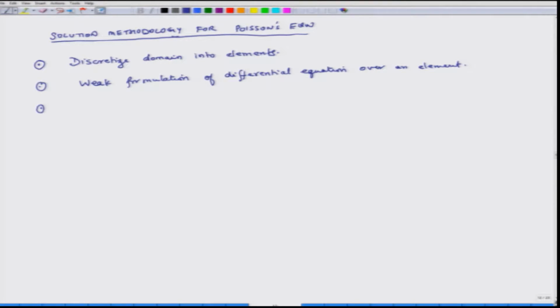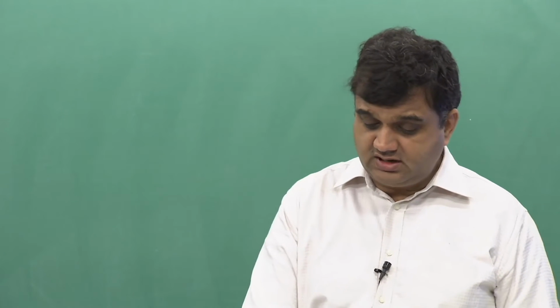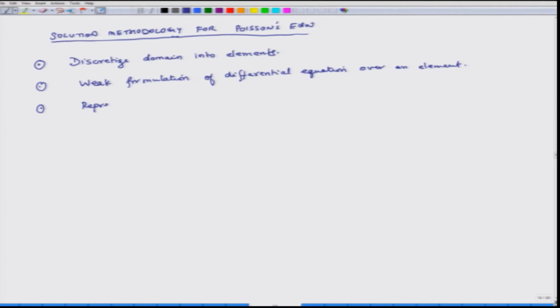Then what do we do? No, before we integrate it, here we still have u. We represent the primary variable, so here the primary variable is u, in terms of what?